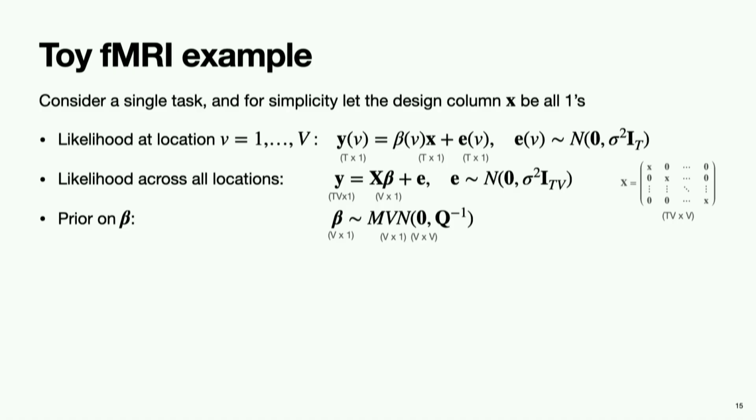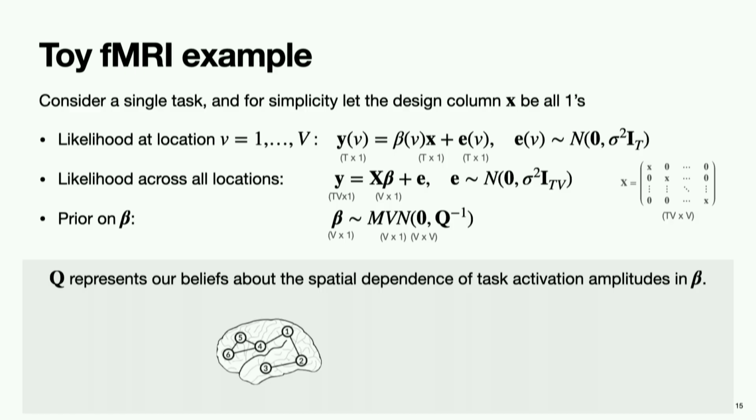Now I'll put a prior on beta, which in this case is just going to be a multivariate normal prior. I'm going to let the mean be 0, and the covariance is going to be Q inverse. So Q will be a sparse precision matrix, a sparse inverse covariance matrix. That's getting a little bit ahead, but I'll explain shortly. Q represents our beliefs about the direct spatial dependence among the task activation amplitudes in the beta vector.